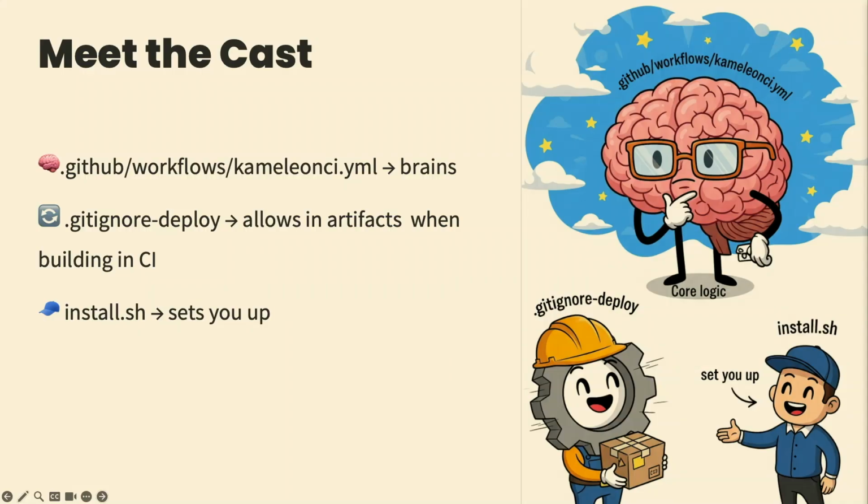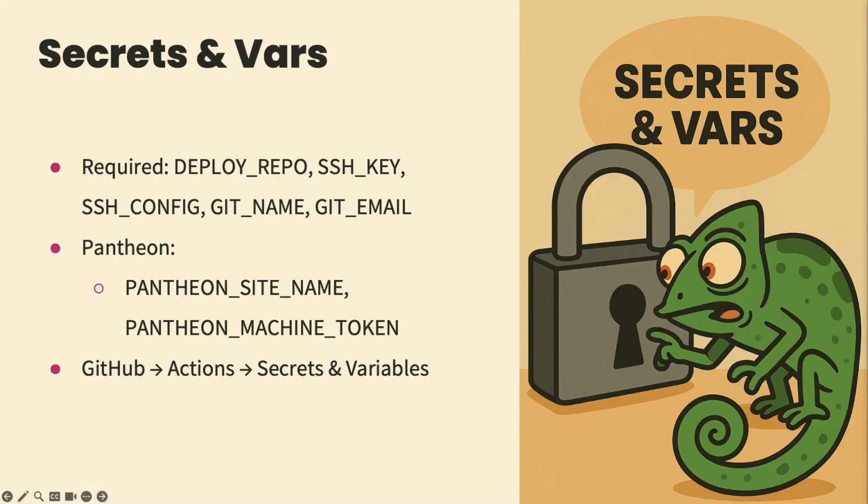That makes sure that the built files like your vendor directory or your theme assets don't get ignored when you're pushing to your host. And install.sh is where you'll start. The install script is the valet. It sets up your repo fast, makes the workflows folder, downloads the workflow, asks if you'll build assets in CI, and it gives you the next steps. Small, clear pieces with one job each.